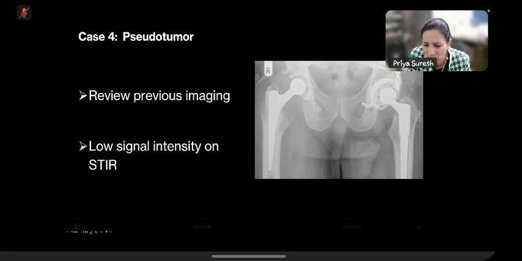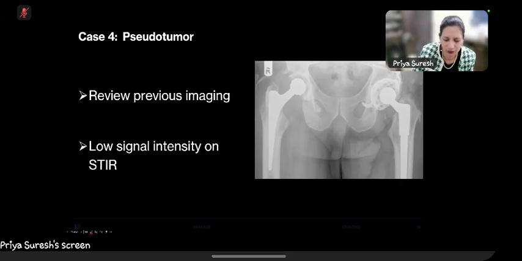Why will it have so much soft tissue component? So I think those things will make you confident saying that this is a pseudotumor, likely related to the prosthesis, and unlikely to be a de novo malignant lesion arising from the soft tissue or from the bones.